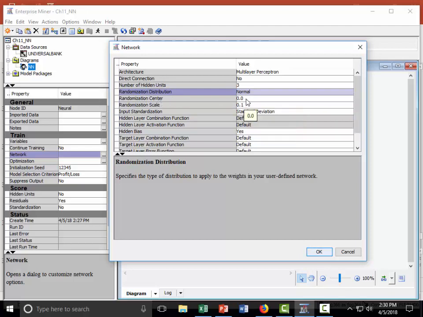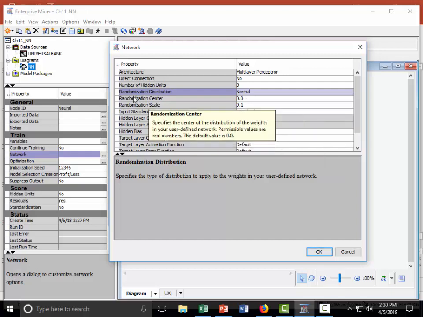That is, if you want the weights to be in a range with the center being 0. So there will be some negative weights and some positive weights, which is what you normally would want. Unless there is some reason why you don't want that, then you can shift the center of the range from which the weights will be chosen.